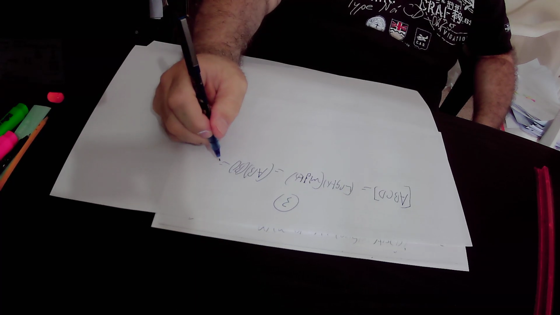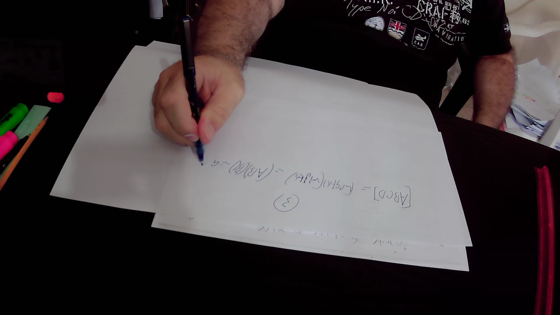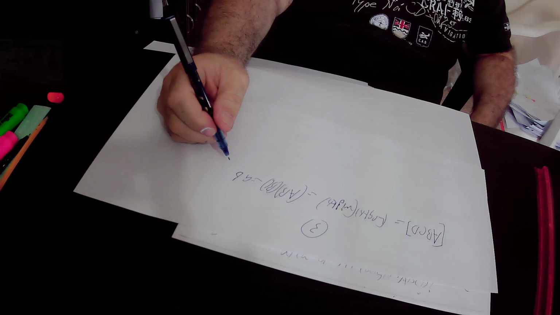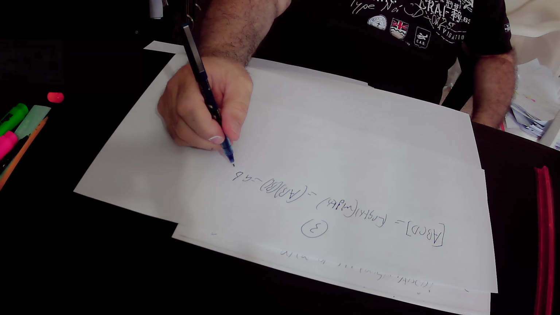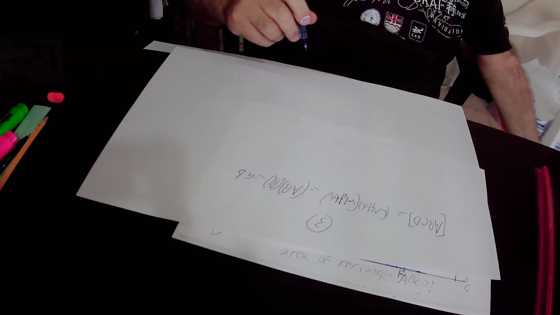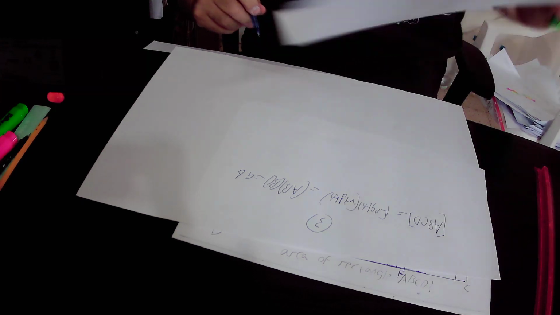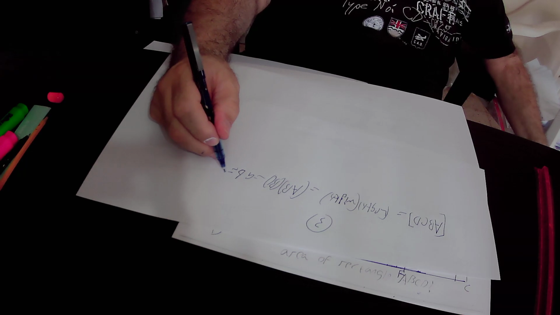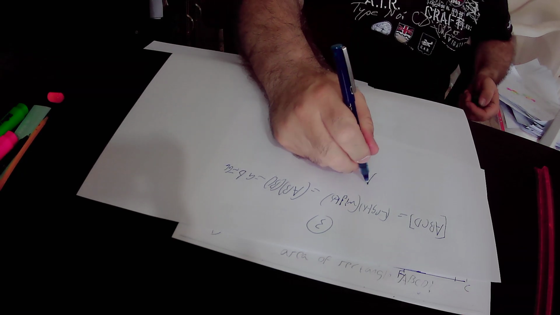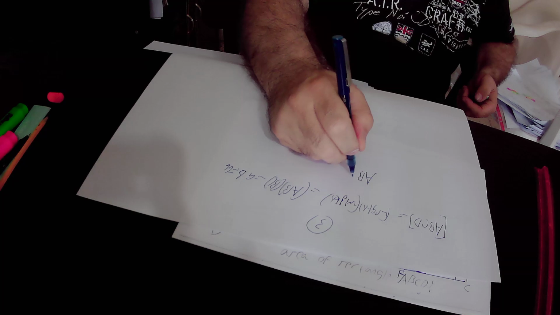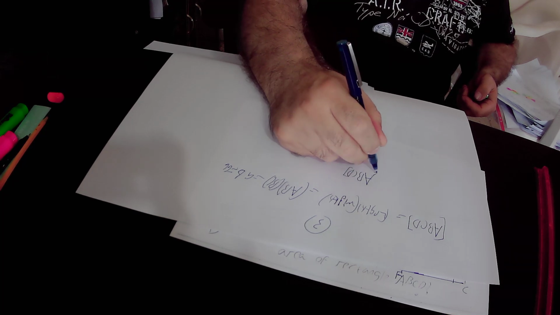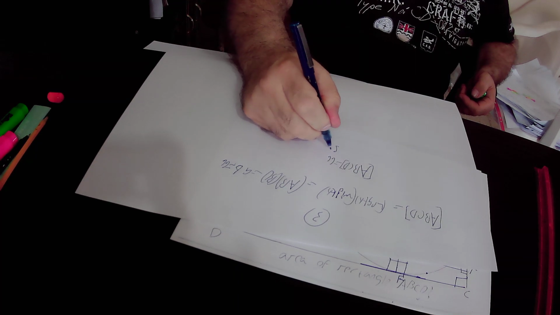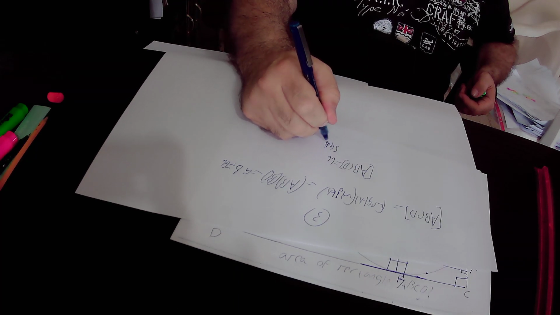AB equals A and BC equals B according to our definition. So in conclusion, the area of rectangle ABCD equals AB. But we just found out that AB equals 66. So the area of rectangle ABCD is equal to 66 square units.